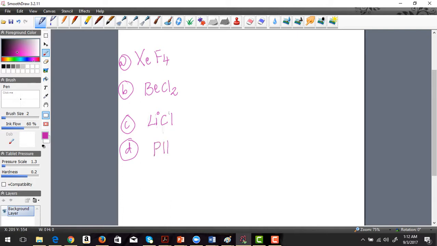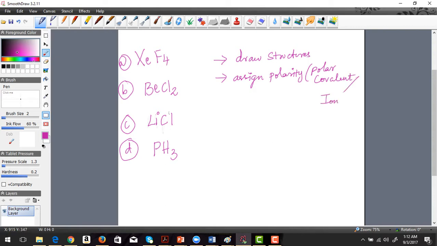Practice these 4 compounds. Draw structures like I did, and assign polarity only if it is polar covalent or ionic. I don't think you can do polarity for nonpolar covalent.